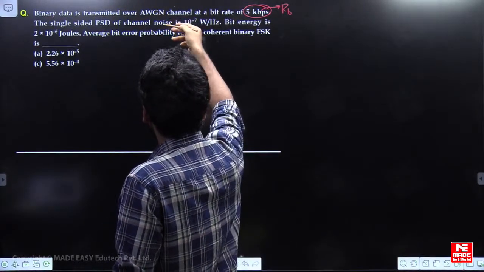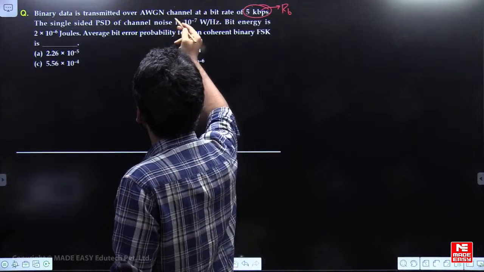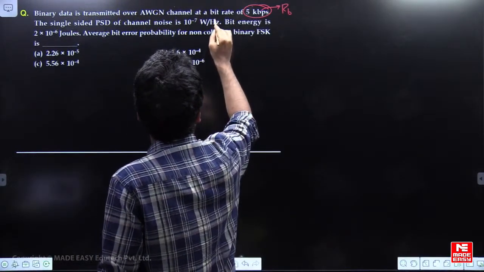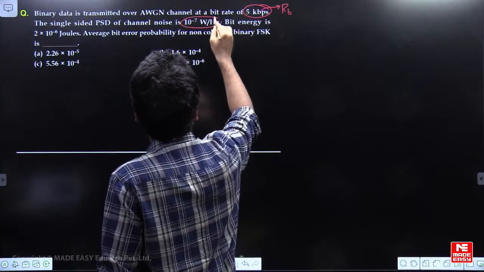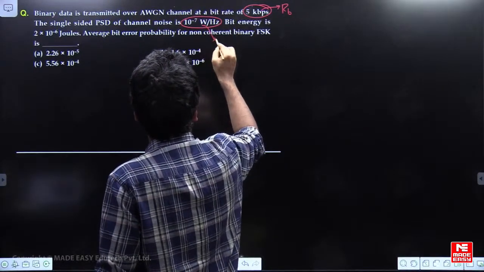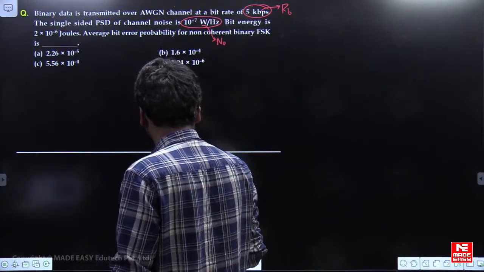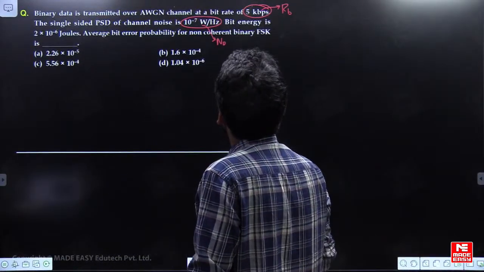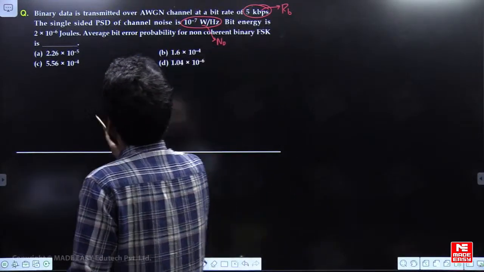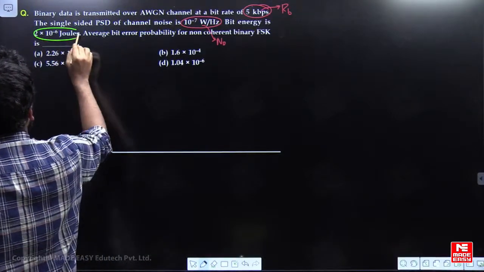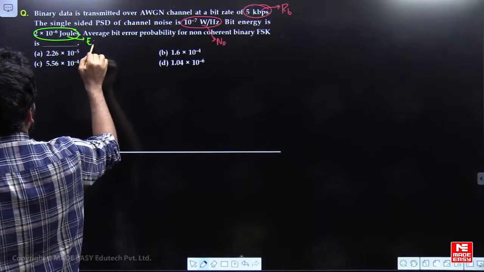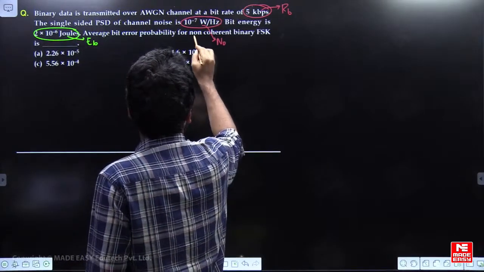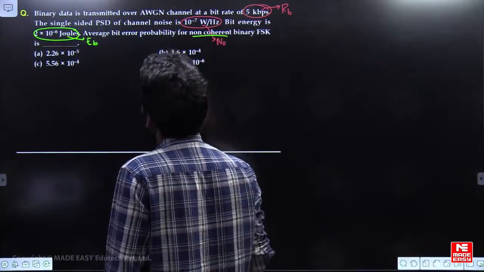It is an AWGN channel, and the power spectral density of the channel noise is 10 power minus 7 watts per hertz, so that is one-sided, which means that is N naught. Bit energy is 2 times 10 power minus 6 joules, so it is EB.